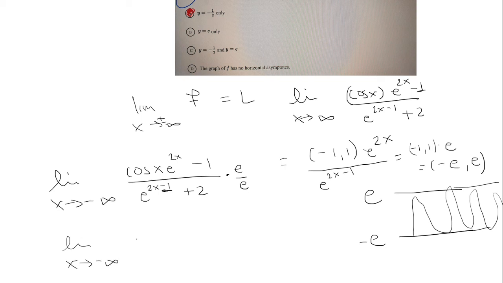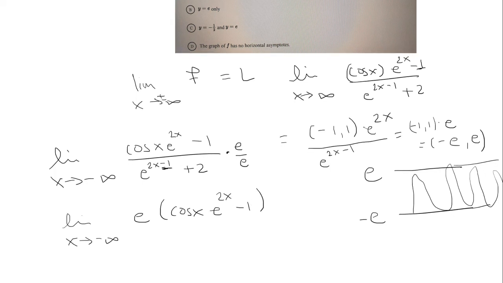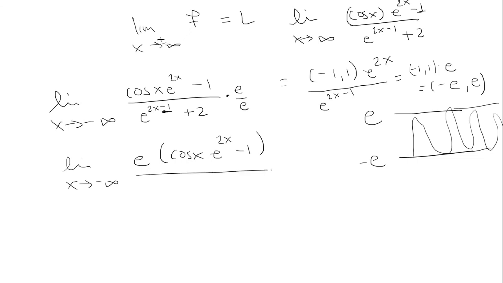Okay, so I'm going to have the e factored out for the numerator. And then the denominator, if I multiply e with e to the 2x minus 1, that becomes e to the 2x. Then I have plus 2e. Okay, now I want to take the limit as x approaches -infinity.